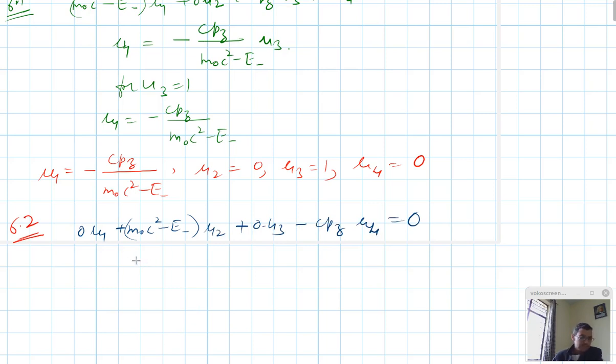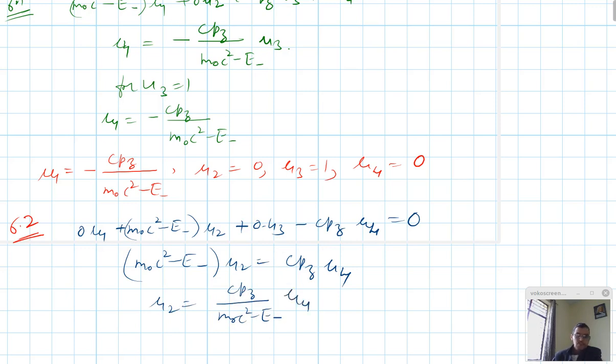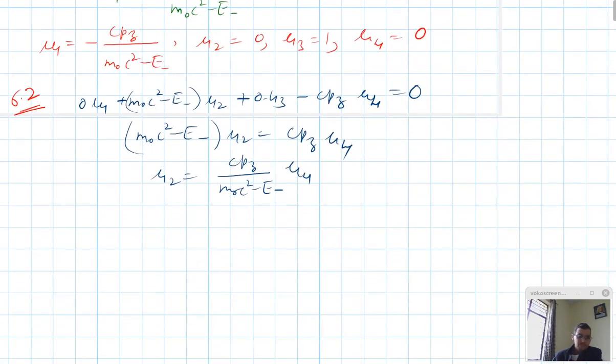Therefore (m₀c² minus E minus) u2 is equal to cpz u4. So from here I can write that u2 must be equal to cpz over m₀c² minus E minus times u4. So therefore I can write for u4 equal to 1.